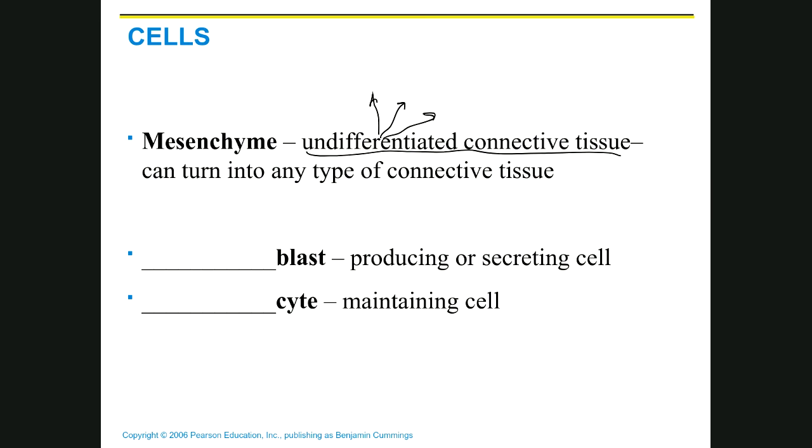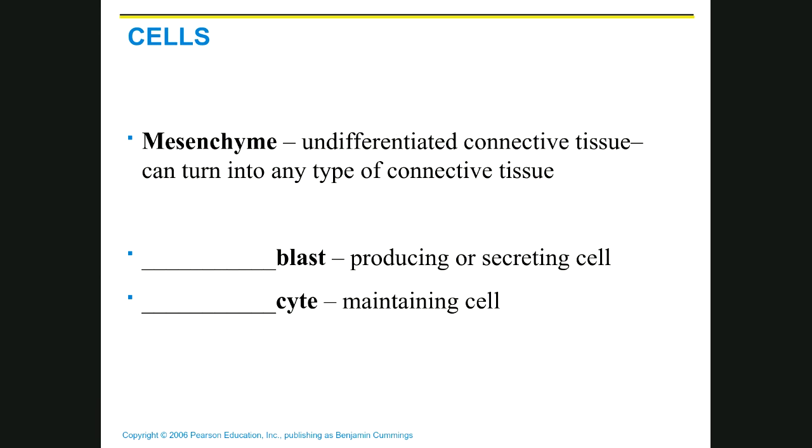And mesenchyme can become any connective tissue, any at all. They all have this same parent, if you want to call it that. It's actually called a stem cell because it can become lots and lots of different things. So like on a tree, it's the stem and then they branch out from it.